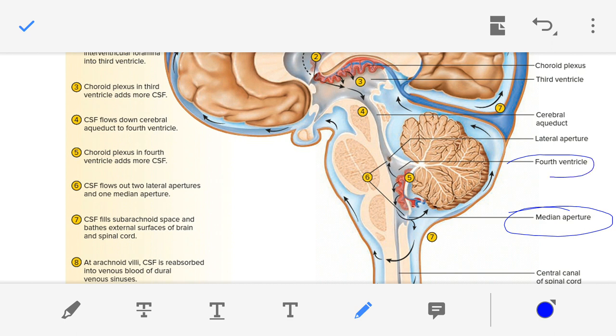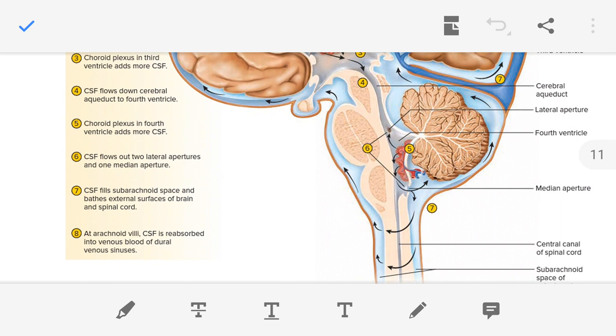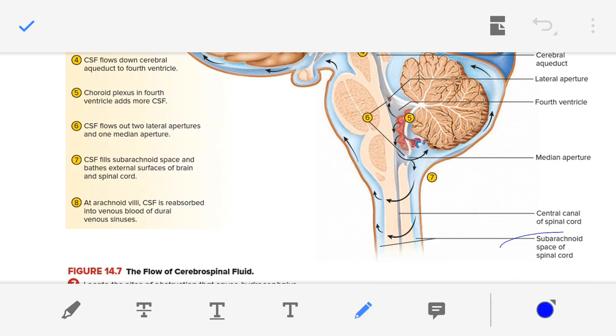So from the fourth ventricle, the CSF crosses these lateral apertures, and CSF also crosses this median aperture. After crossing the lateral apertures and median aperture, this CSF enters into the subarachnoid space.